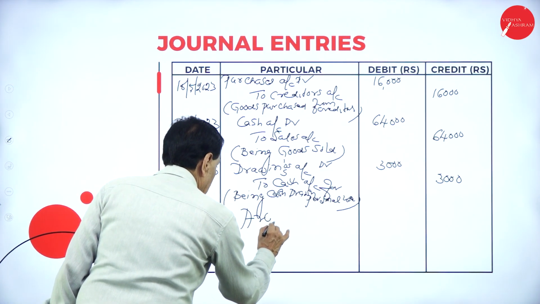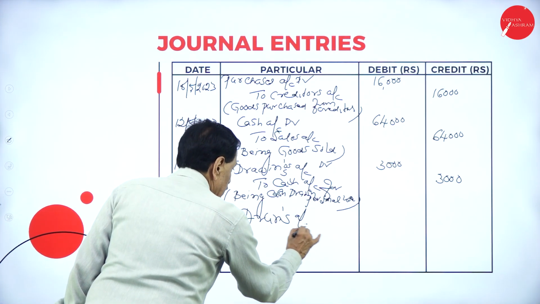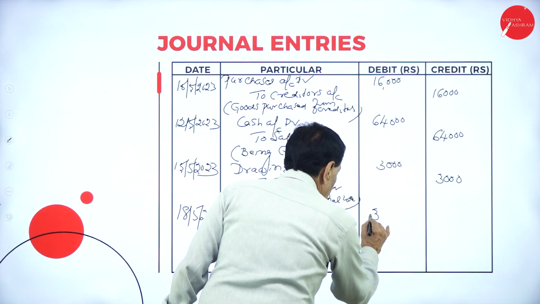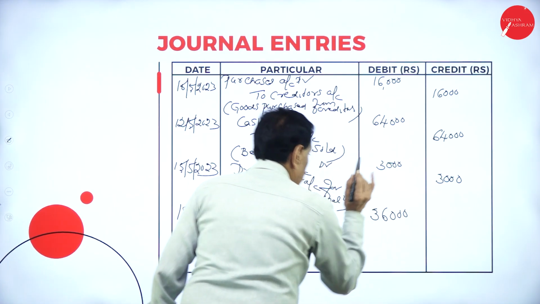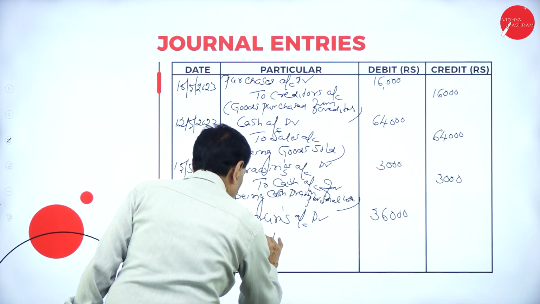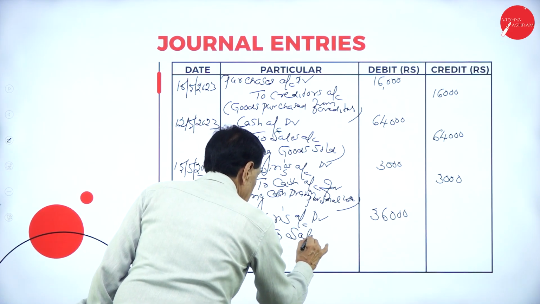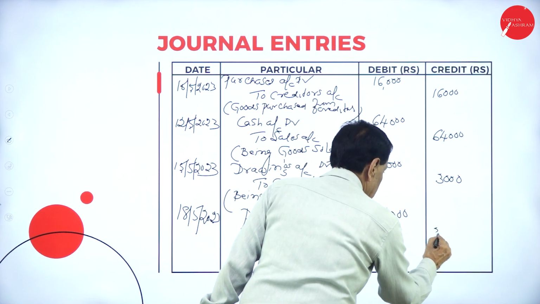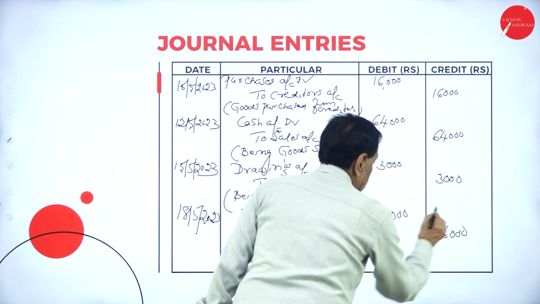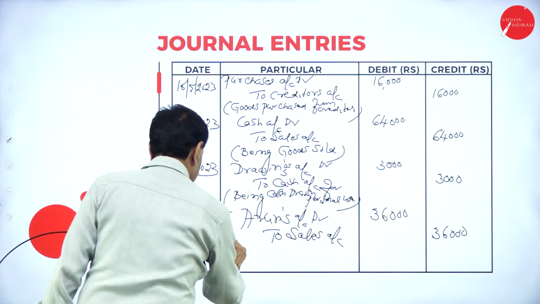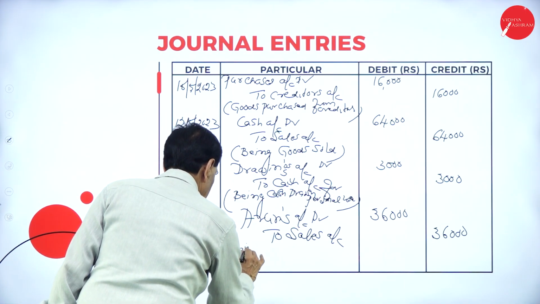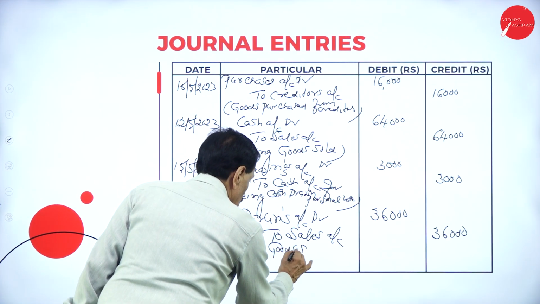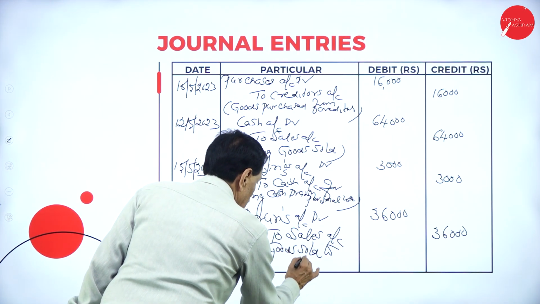Arun account debit, 36,000, to sales account, 36,000, being goods sold to Arun.